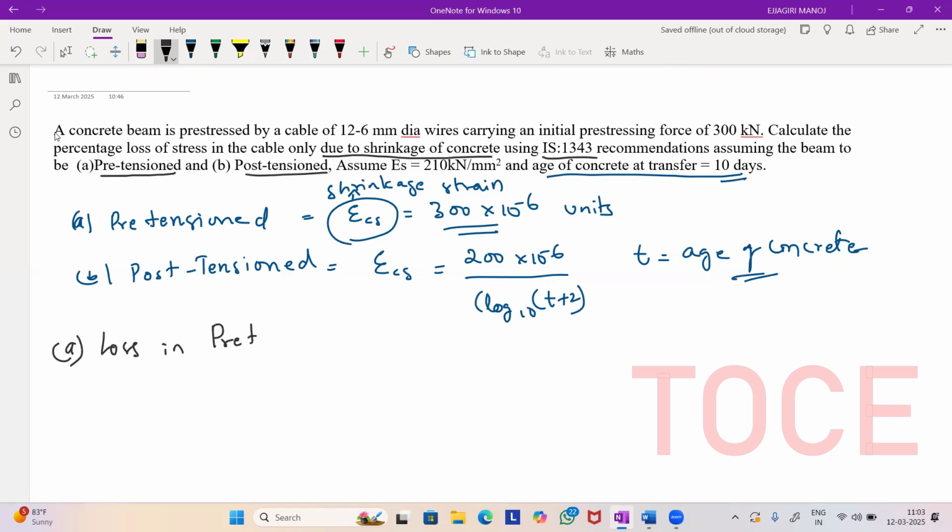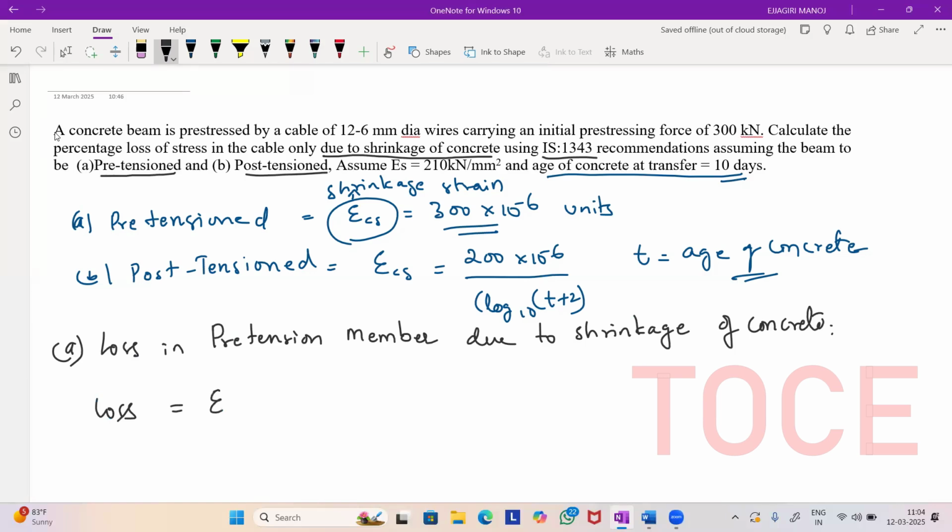Loss in pre-tension member due to the shrinkage of concrete. So what is the loss formula? We know the loss due to shrinkage is the ultimate shrinkage strain into Young's modulus, or modulus of elasticity, of steel. The modulus of elasticity of steel is given here: Es is equal to 210 into 10 to the power of 3 Newton per mm square.